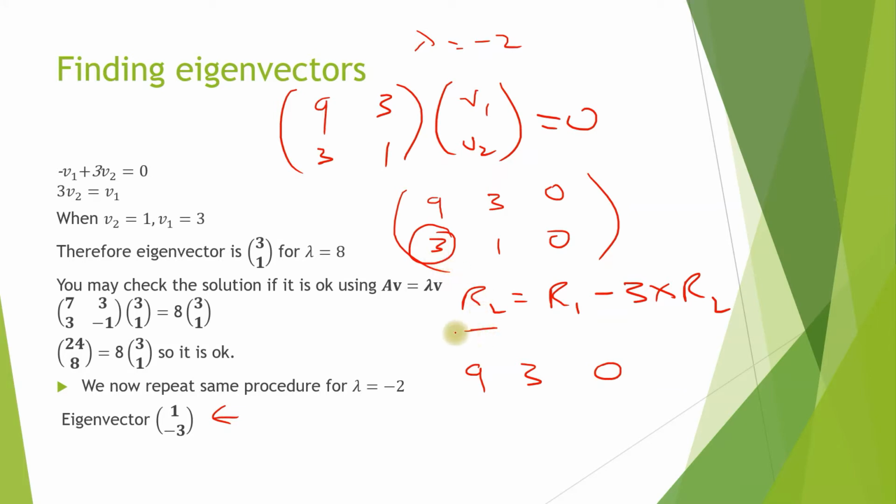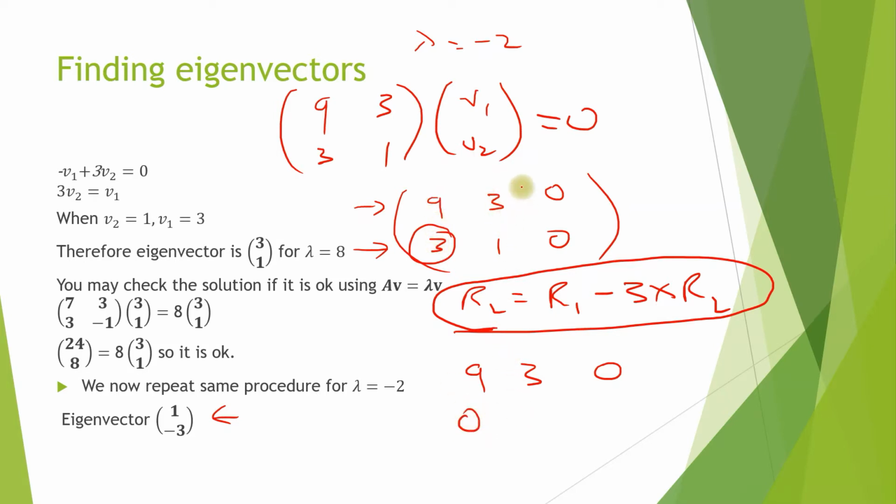But for this one, the rule says that the second row is obtained by taking the first row, 9, minus 3 times what you got in the second row, minus 3 times 3, which is 9. So in other words, 9 minus 9 equals 0.